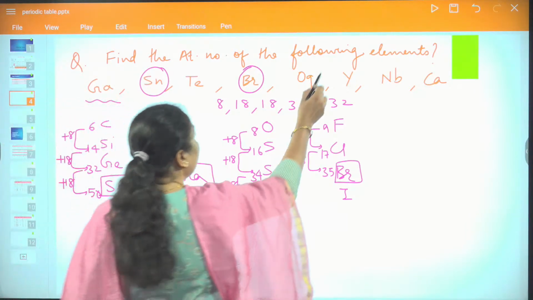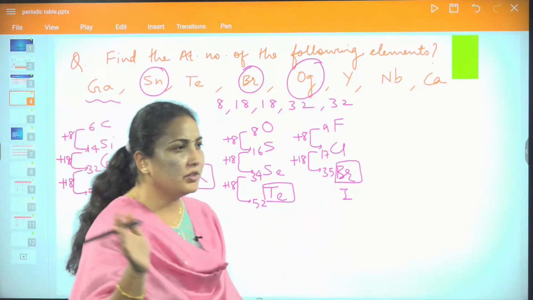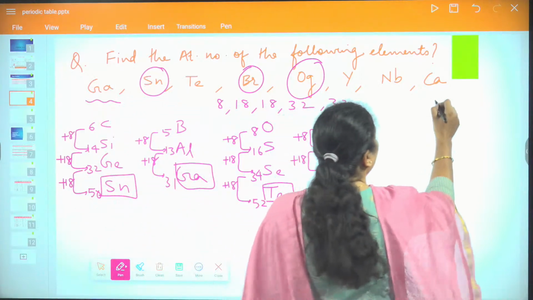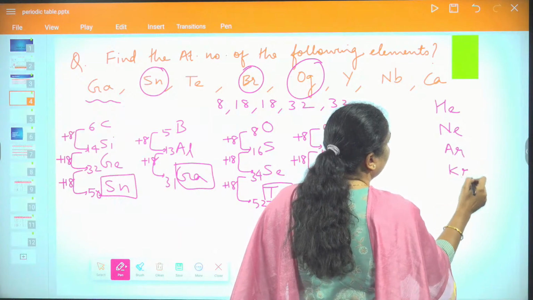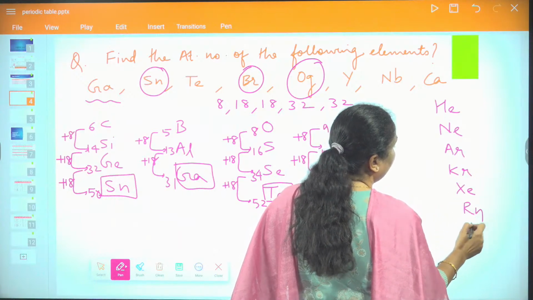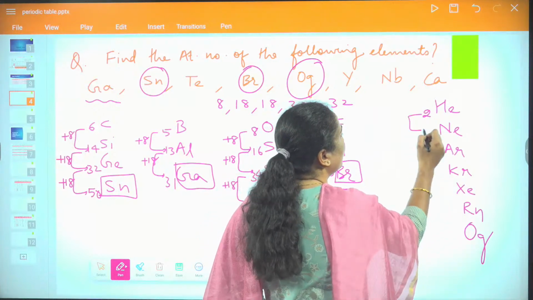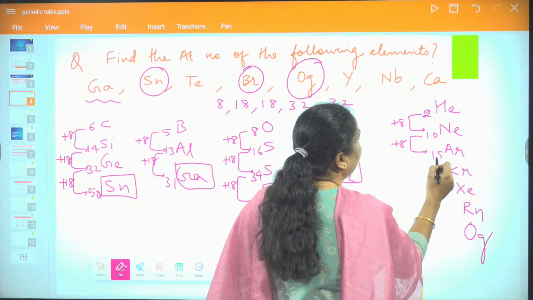Now for oganesson, you already know that is the last element, 118. You need not even do like this, right? If you want to really do, you could have done, not an issue in that. Helium, neon, argon, krypton, xenon, radon, oganesson, right? So we could have done, this is 2. 2 plus 8, this is 10. 10 plus 8, 18. 2 times 8.